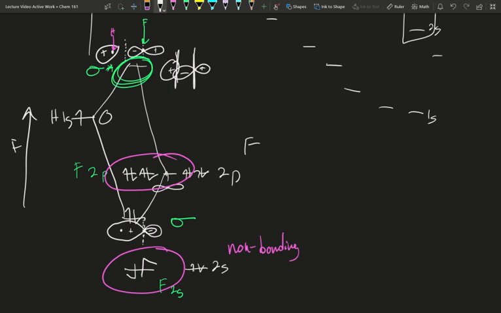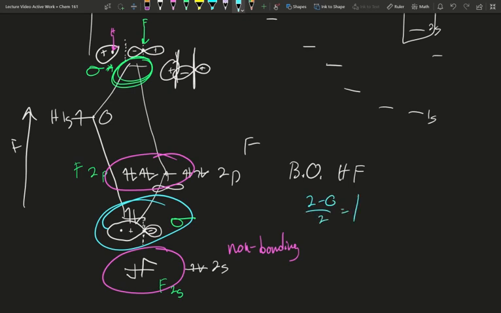If I try to solve the bond order for HF, well, I have 2 bonding and no antibonding. So 2 minus 0 divided by 2 is 1. The molecular orbital theory shows that there should be a single bond, and that is what we see. And when we think about our Lewis structures, we think of a single bond, and that is what we see.